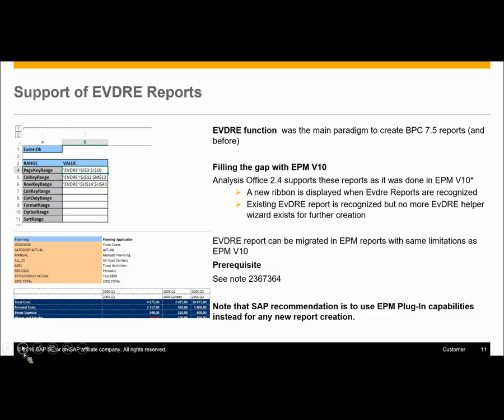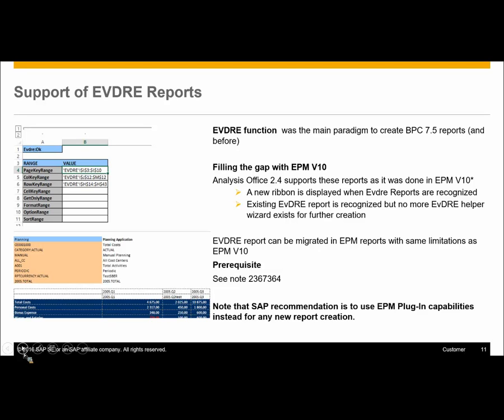It means that before we had this limitation comparing EPM add-in and EPM plugin, and now with Analysis Office 2.4, we support EVDRE, and it means that we can open EVDRE reports using EPM plugin in Analysis Office 2.4.